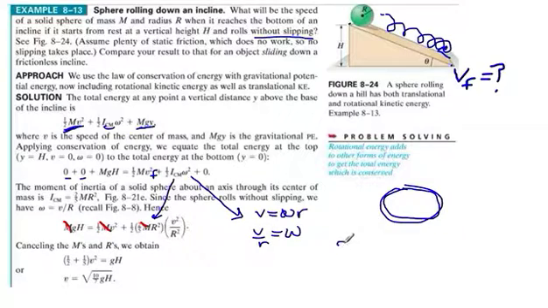We've got GH left on the left. We've got half v squared, that's the final velocity, right? And then we've got another half times 2/5 of r squared, v squared, and that's over r squared. So I guess this part also cancels.